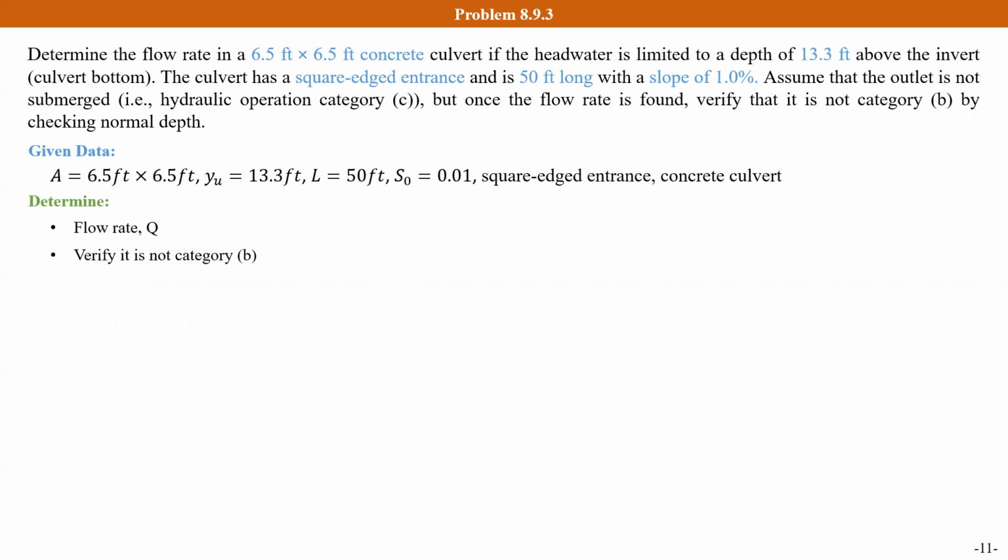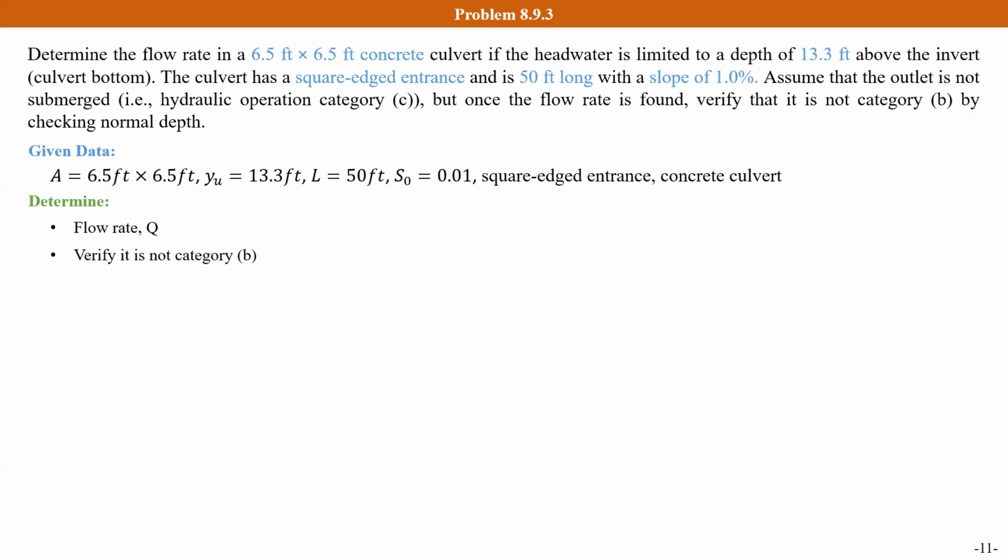Starting from this problem, the remaining problems are all about the culvert. So let's take a look at problem 4. It asks us to determine the flow rate in a concrete culvert if the headwater is limited to a depth of 13.3 feet above the invert. The culvert has a square-edged entrance and is 50 feet long with a slope of 1%.